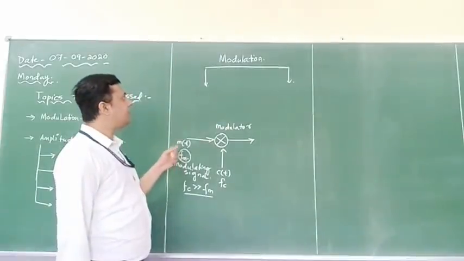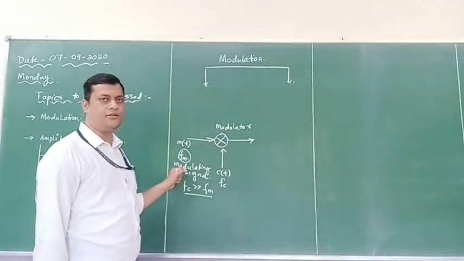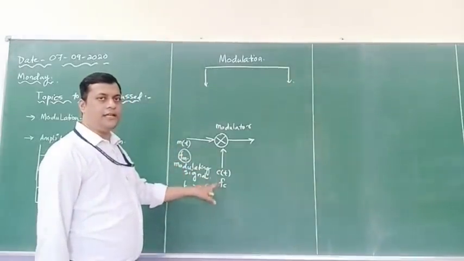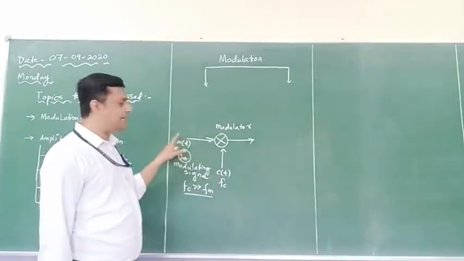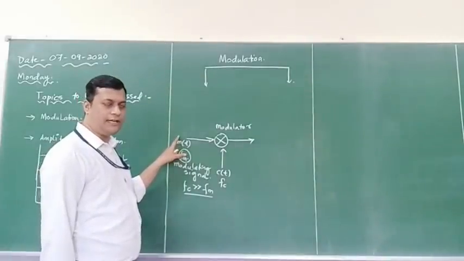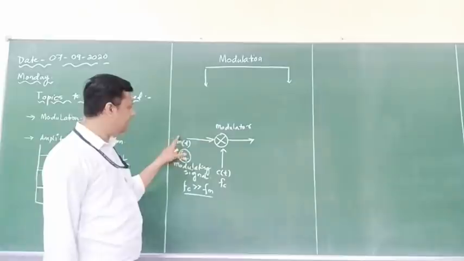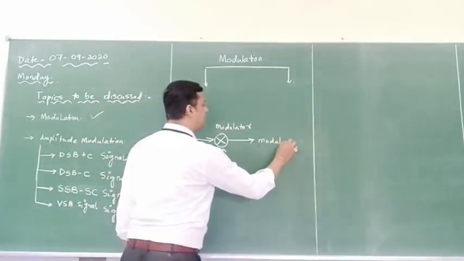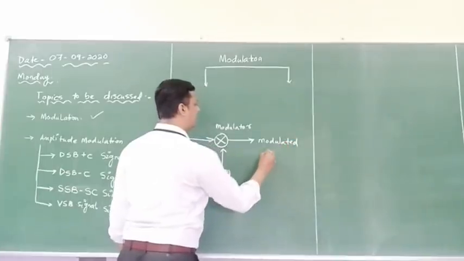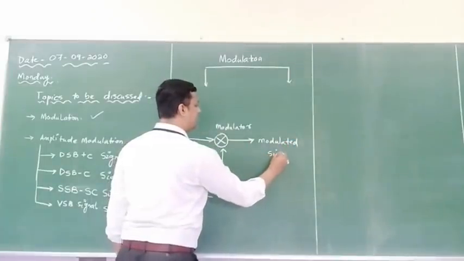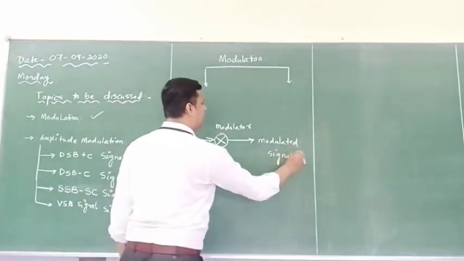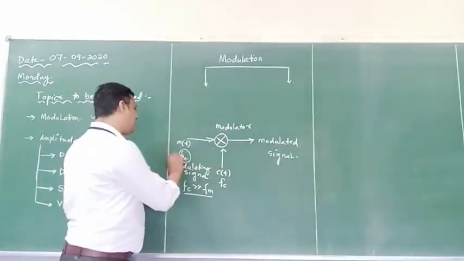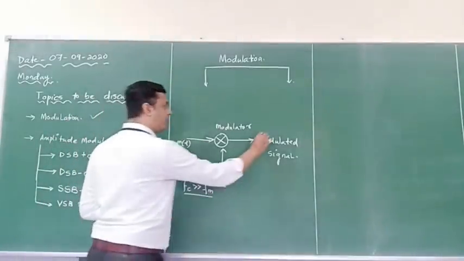As I have told, modulation is a process through which the characteristics of the carrier component change with respect to the characteristics of the modulating signal or baseband signal, due to which a modulated wave is generated. So the output of the modulator is the modulated signal. There are three basic fundamental terms in modulation: one is the modulating signal, one is the carrier, and one is the modulated signal.